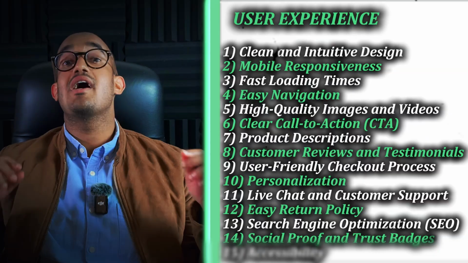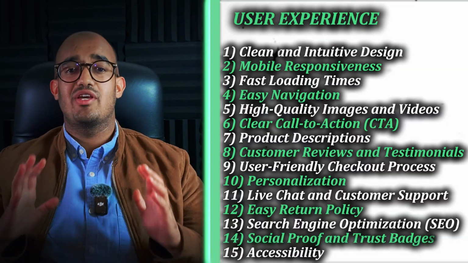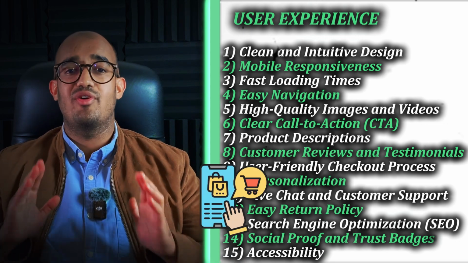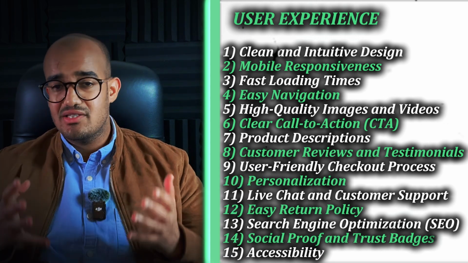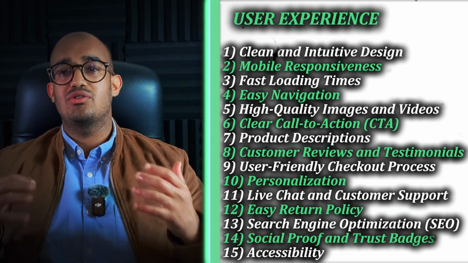We might have talked about this before, but it's important, so we will mention it again in another point, and it's point number 15, accessibility. You should always make your store accessible to everyone. When we're talking about accessibility, we're talking about having a layout or a user experience that is good for everyone.